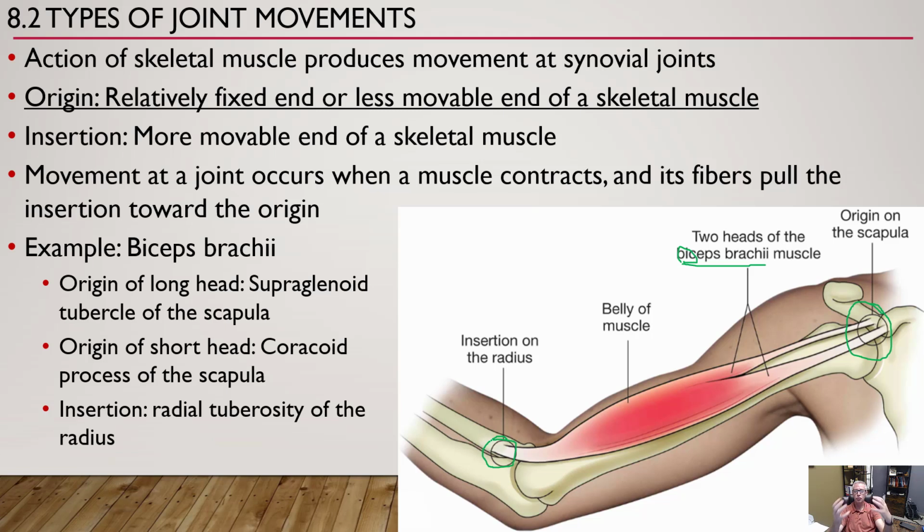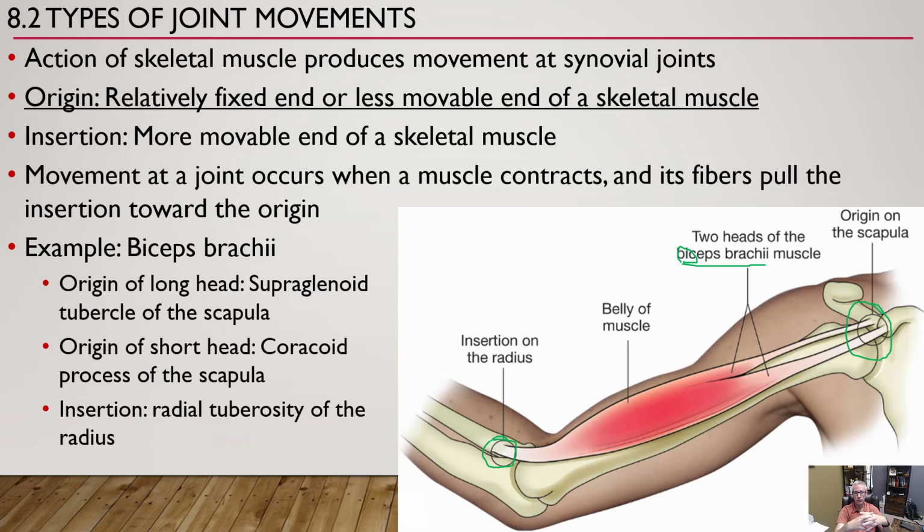So when you contract a muscle, what happens is that muscle pulls the insertion towards the origin. Remember the insertion is on the radius, the origin is on the scapula. So when you contract your biceps, you're pulling your radius towards your scapula. When I went through biology and A&P, we actually had to memorize the origins and insertions of the muscles.